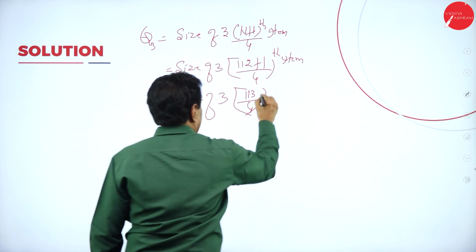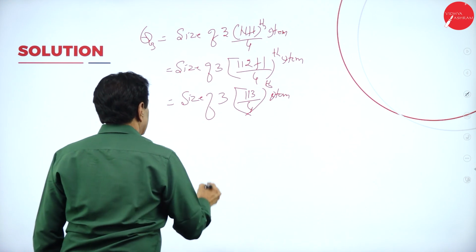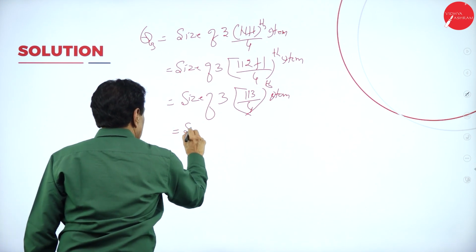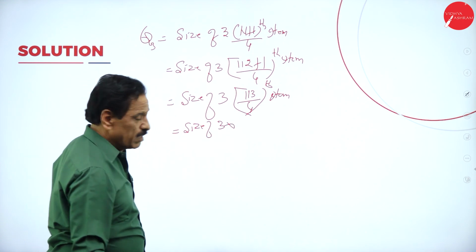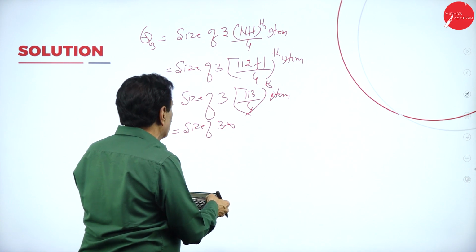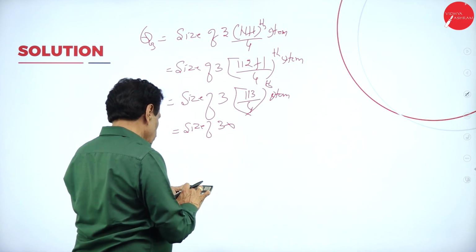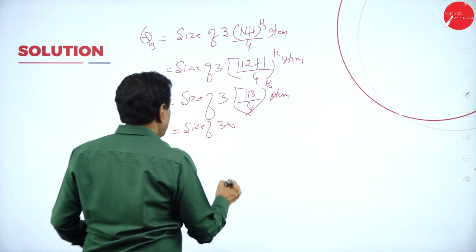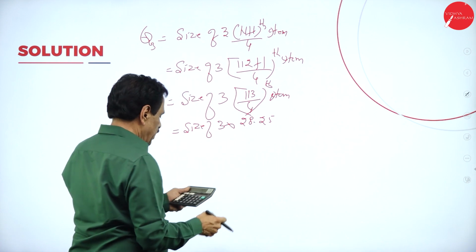What's 113 divided by 4? It is 28.25, into 3.